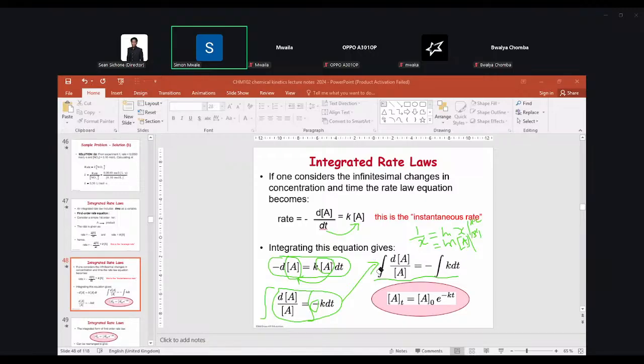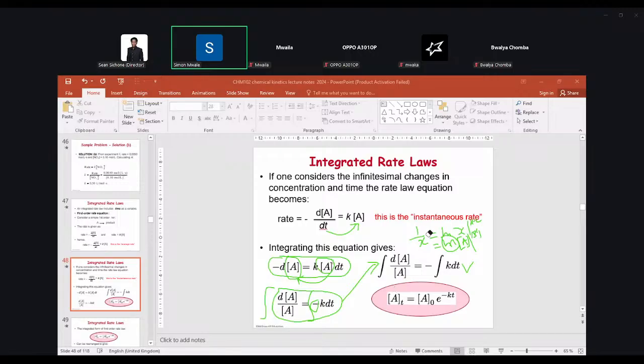If I do that on this equation here, then I divide throughout by natural log. I make the change in concentration of A at time t the subject of the formula. Then I end up with this equation. This is the equation that I want you to get and memorize if you can.